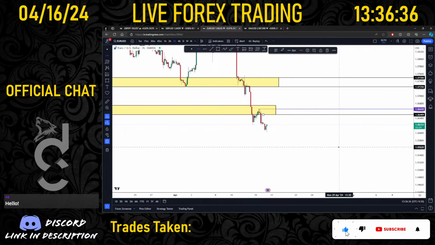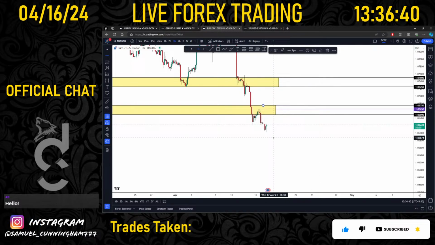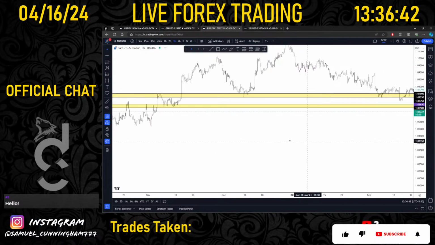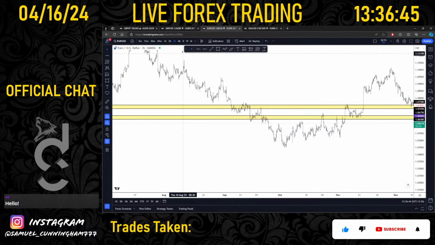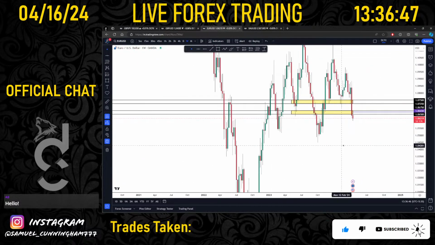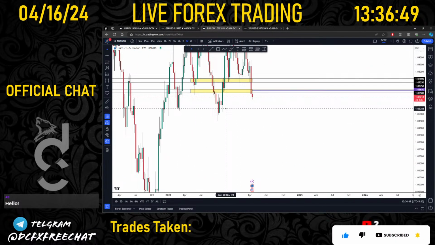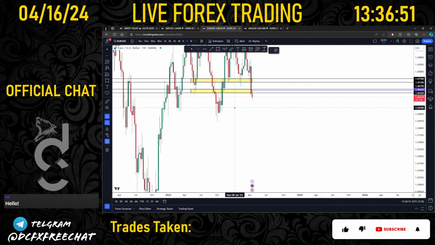So, same thing you can see. Looking at the weekly time frame, we're looking to take out these lows, or at least tap into this support right down here.